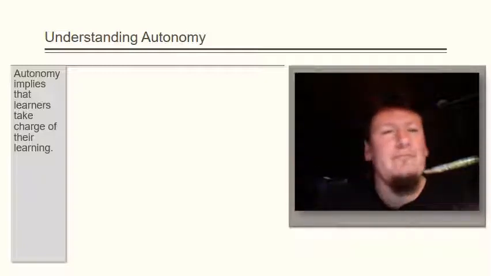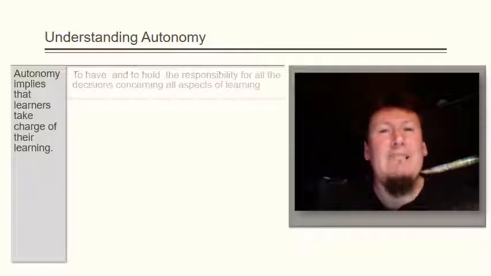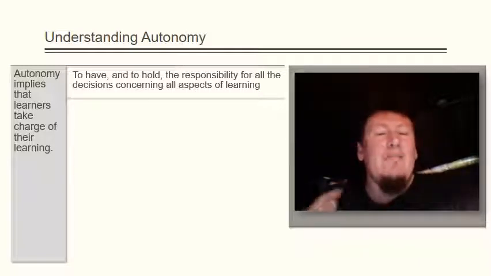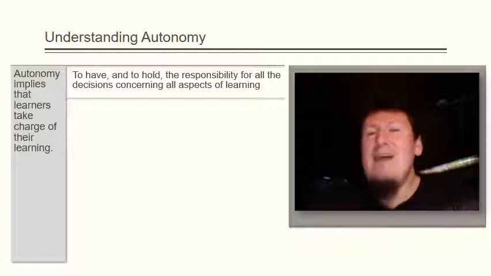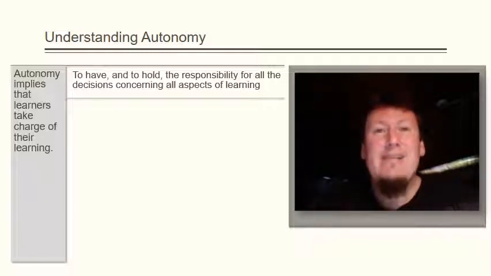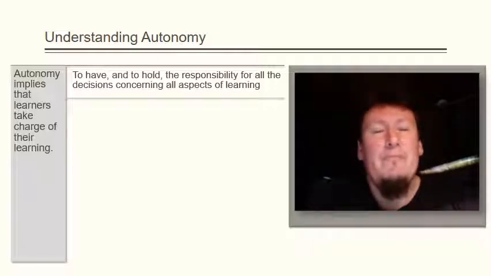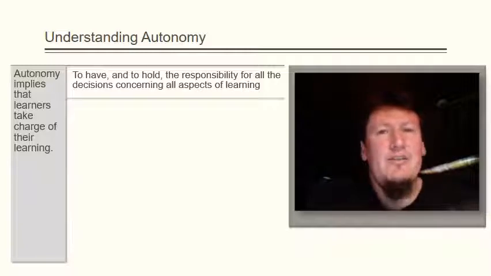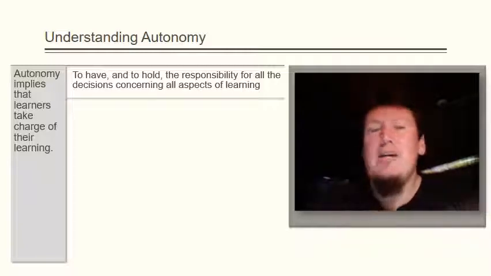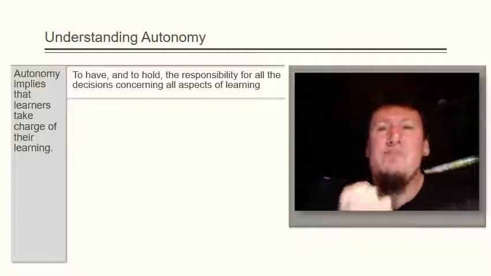We have a few, and see what that exactly means. Now, as a first point here, autonomy in its concept is to have and to hold the responsibility for all of the decisions concerning all aspects of learning. So here, this is directly addressing that take charge idea. So responsibility.